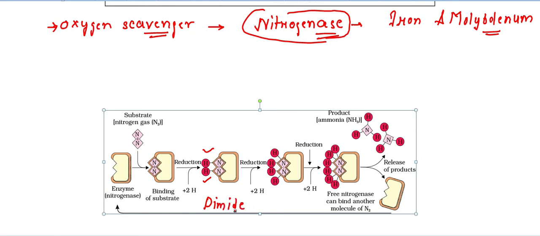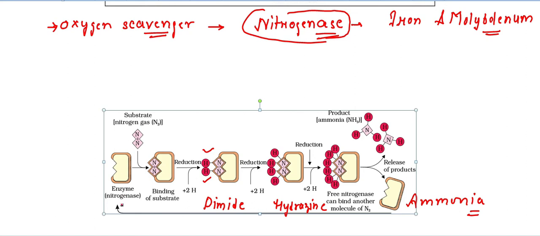After that hydrazine is formed, and after that ammonia. This is the motive, because if you recall the previous video, nitrogen fixation is the conversion of nitrogen into ammonia, nitrate and nitrite. So here you have seen how ammonia formation takes place.